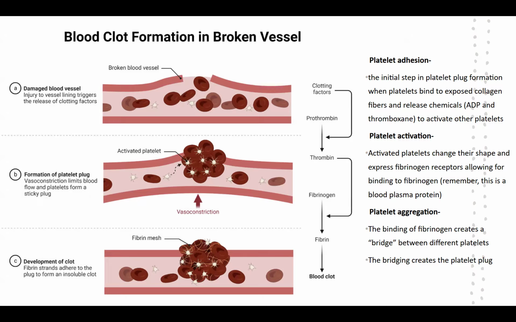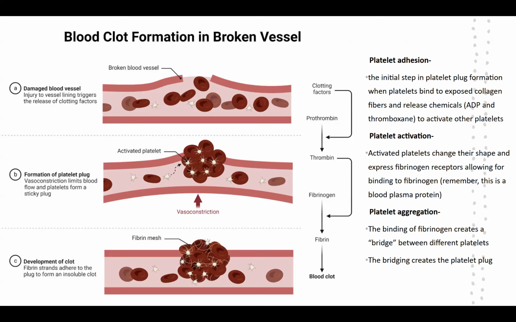This is what we call the positive feedback loop, which we talked about, I think, in the endocrine unit. If the body realizes that it needs to clot, it's going to try to clot really quickly to prevent you from losing blood. Platelet adhesion is just a platelet sticking to parts of the exposed area and then releasing chemicals to get other platelets to come and start sticking with them.